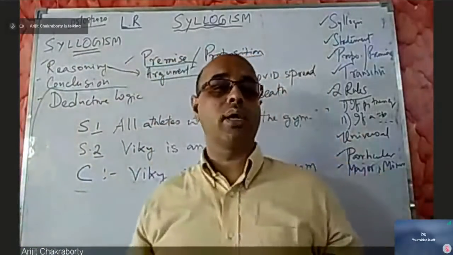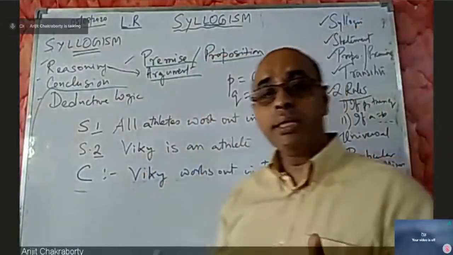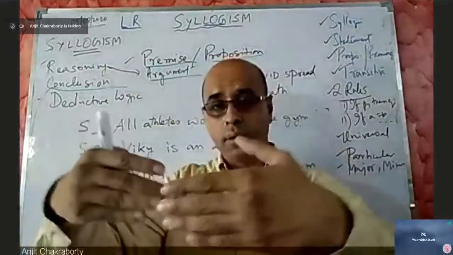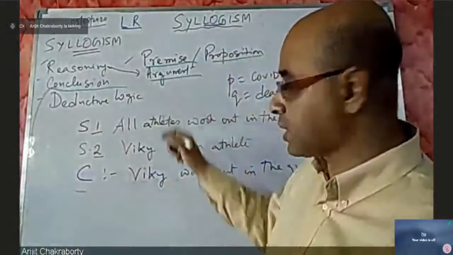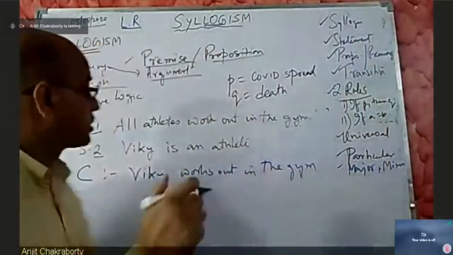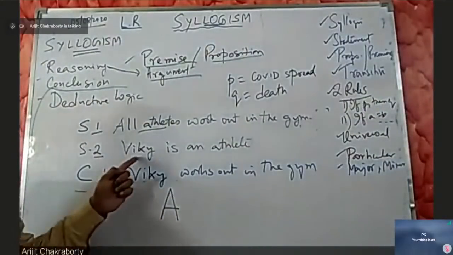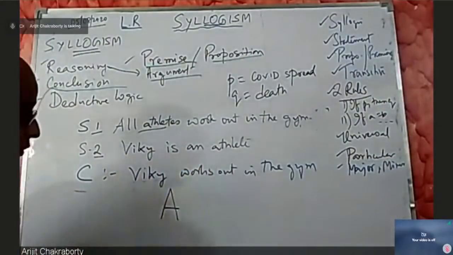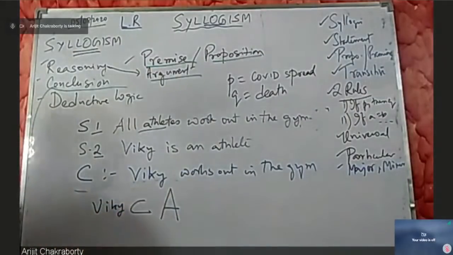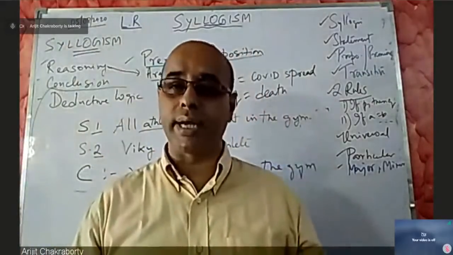All athletes work out in the gym and Vicky is an athlete. That means Vicky is a subset. All athletes, if you think of this as a set, you remember Venn diagram and set we did? So if I say all athletes is set A and Vicky is an athlete, so I can write that Vicky is a subset of A.